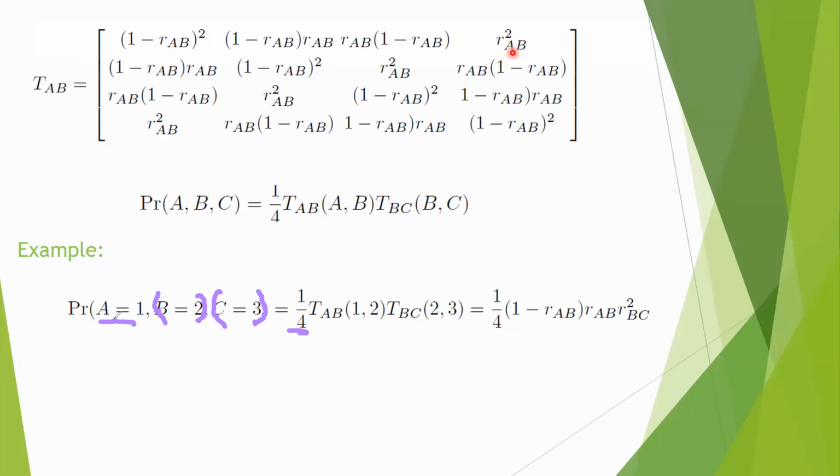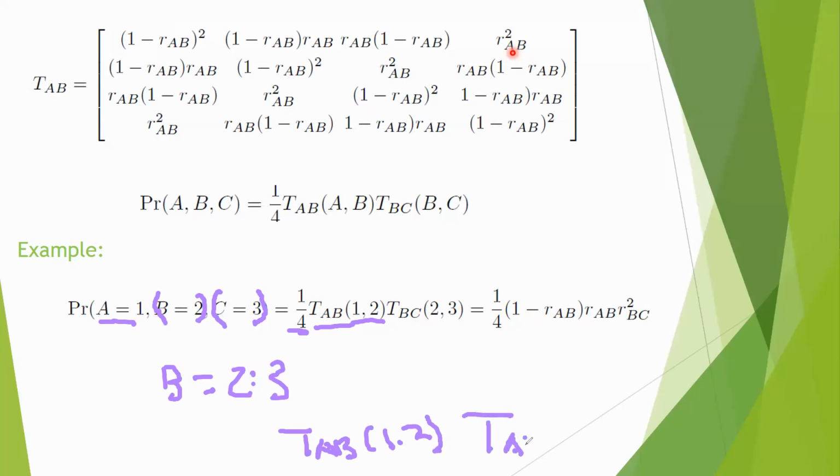And the transition from A to B. So in this case, we only look at the one value in the transition matrix. But because we cannot distinguish B equals to 2 or 3, in this transition we need to look at AB 1 to 2 and AB 1 to 3.